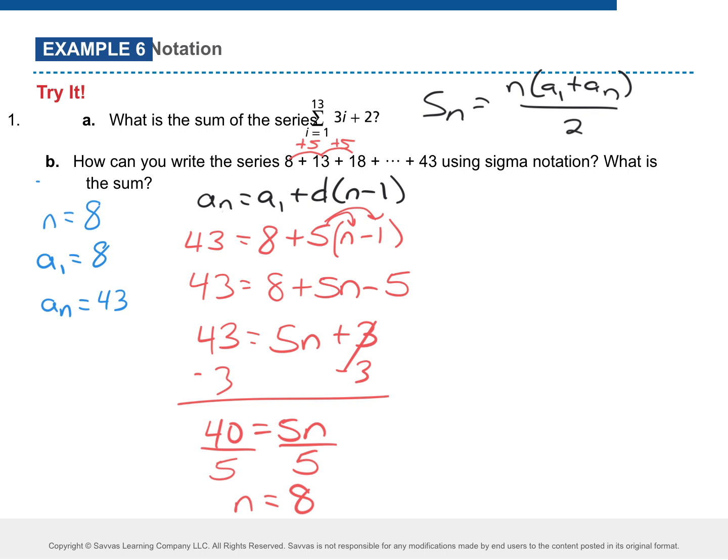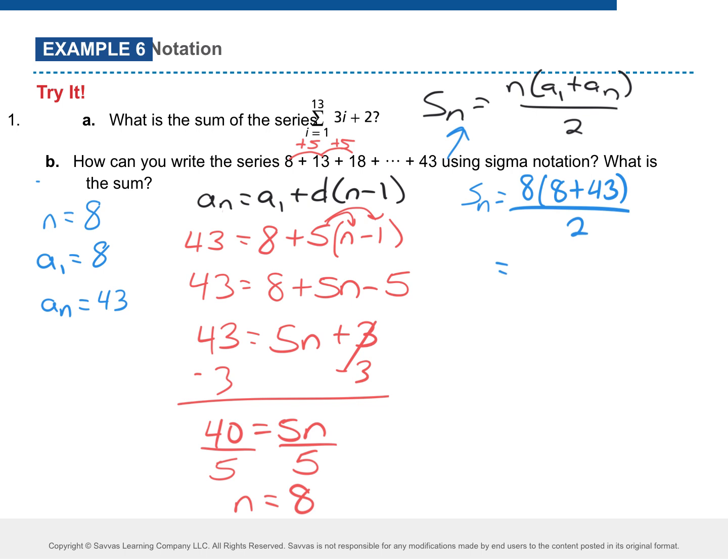Now can we find the sum? Yes, using this formula up here. So plugging all of that in. What's N? 8. 8 times A1 plus AN, which is 43, divided by 2.